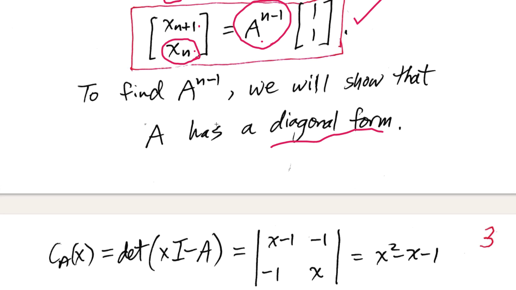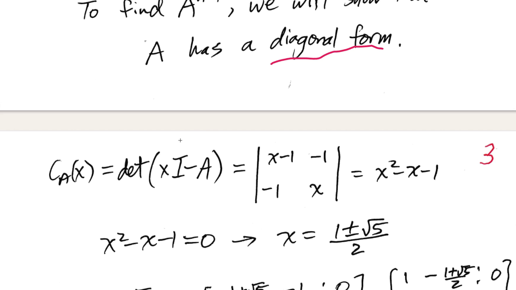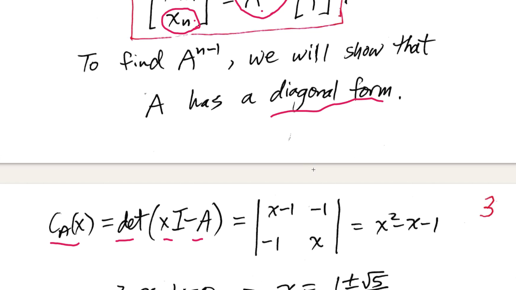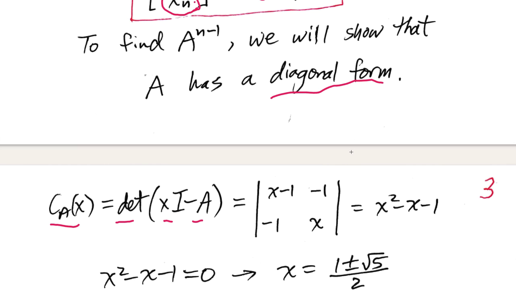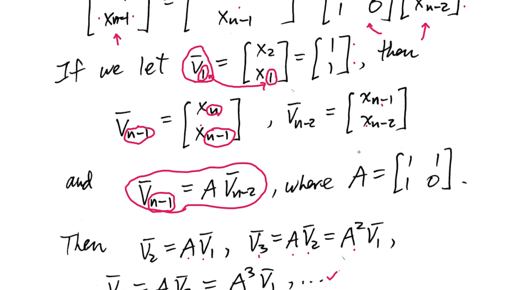All right, to find a diagonal form, what do we have to do? Let's find the characteristic equation of our matrix A. So I'm writing it this way. You know, there's a couple ways we do it, but it's going determinant xI minus A. Okay, so that would be this determinant. Vertical bars, x minus 1, negative 1, negative 1, x. Okay, that's because A up here, let's look at A. Here's A again, right?